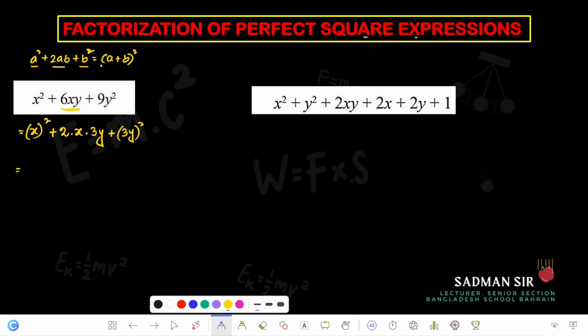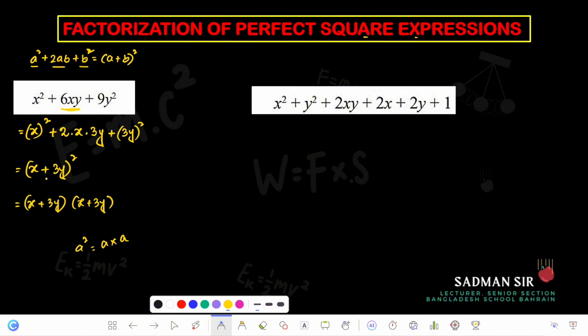According to this formula, we can write a plus b whole square. Here a is x and b is 3y. Something square means, for example, if I have a square, I can write it as a into a.